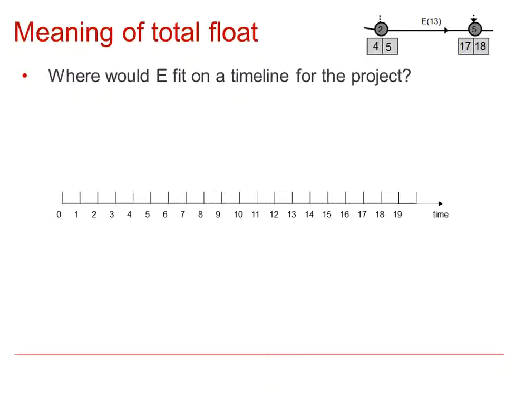Where would E fit onto a timeline for this project? When we are putting non-critical activities onto a diagram, we assume that they start at the earliest available time. So here we would assume that E would start at 4. Its duration is 13, so E would last from 4 up to 17.